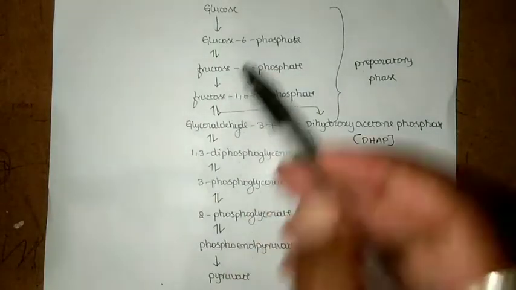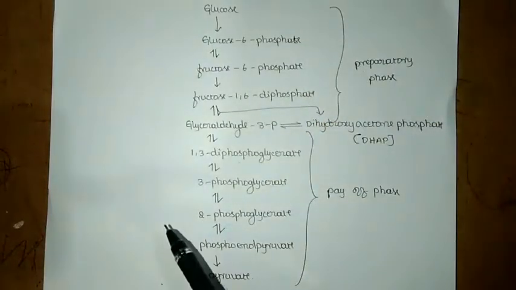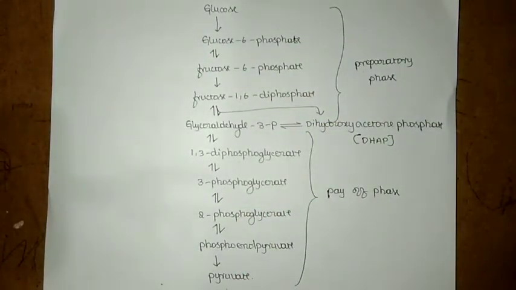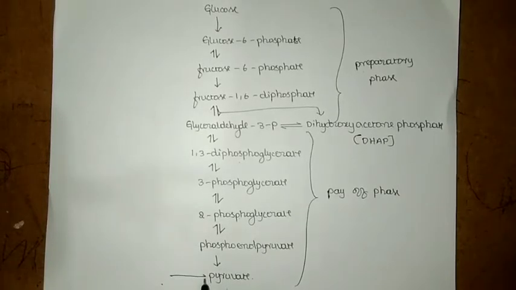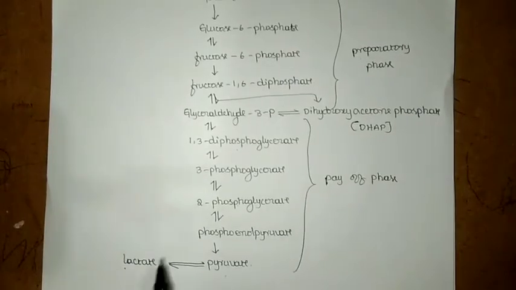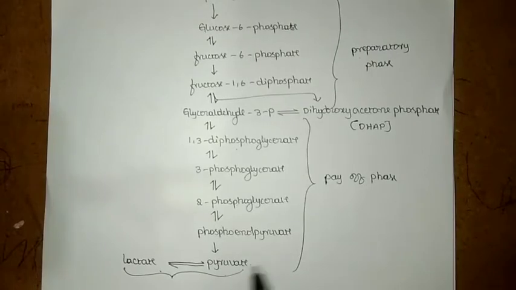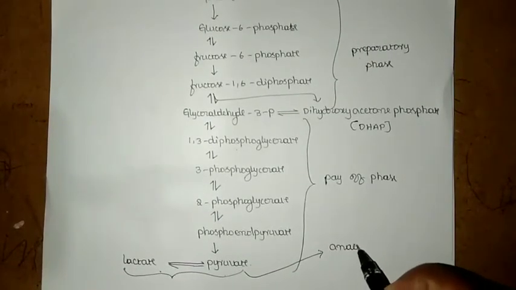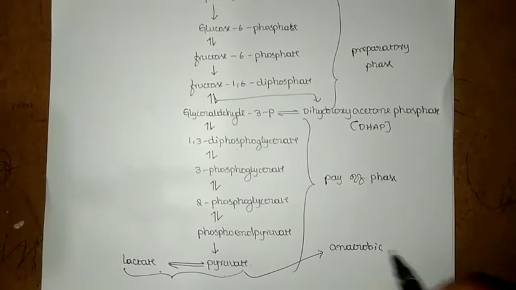But compared to aerobic condition, in case of anaerobic condition, there occurs one more conversion from pyruvate onwards, that is pyruvate reversibly changes into lactate. This is in case of anaerobic condition. So this particular stage specifically occurs in anaerobic condition.